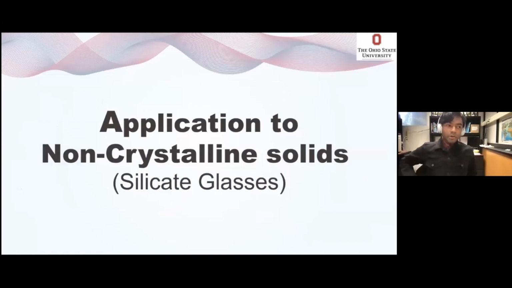Okay, so up till now, what I've shown is a lot of illustrations on the validity of the inversion process itself. But now what I'm going to show is the application of these methods to non-crystalline solids. Specifically, I'll be showing silicate glasses.